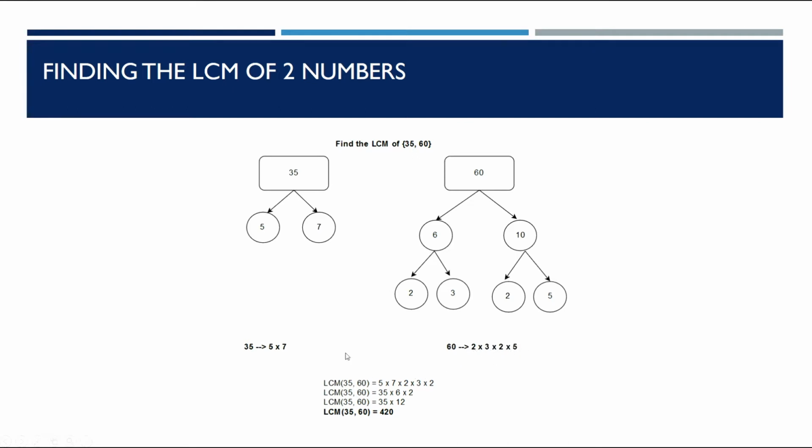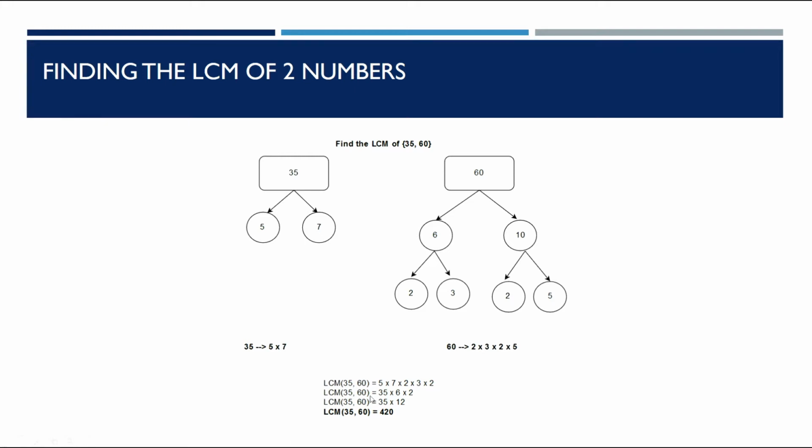So we only need to bring down that 5 once, and it's already been brought down here. Another way to look at it is if we have numbers in both of our solutions here, 5 here and 5 here, we only want to bring it down once. So hopefully that makes sense to you guys.